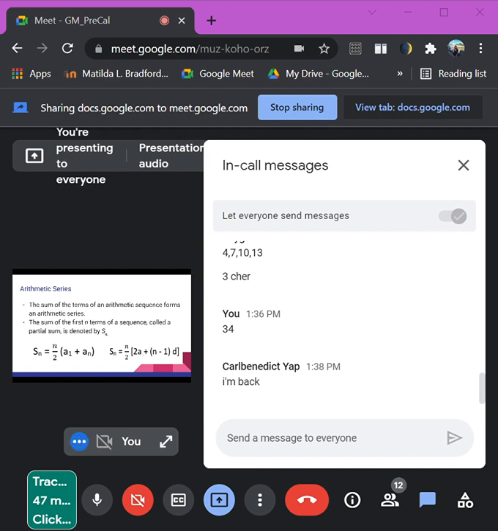That is your arithmetic series. But don't worry, here you are not going to solve for the arithmetic sequence or series. You are just going to identify which one it belongs to: arithmetic sequence, arithmetic series, geometric, and so on.